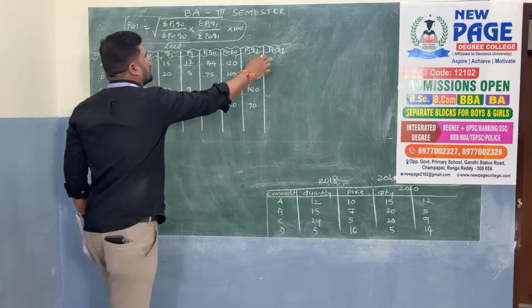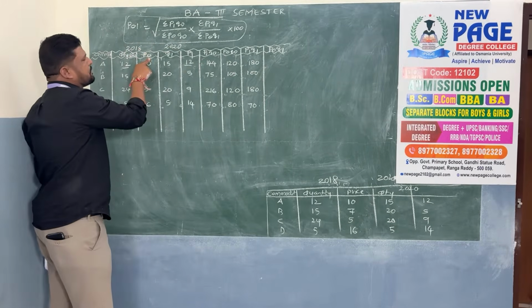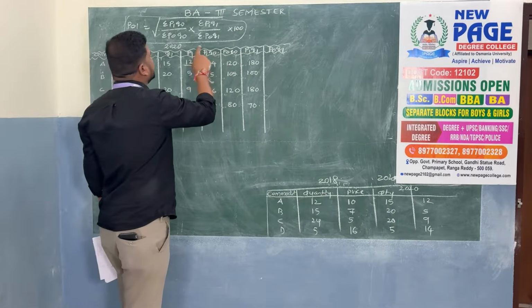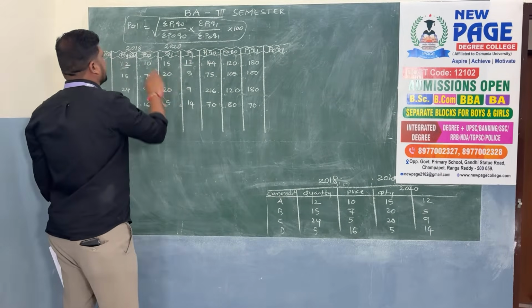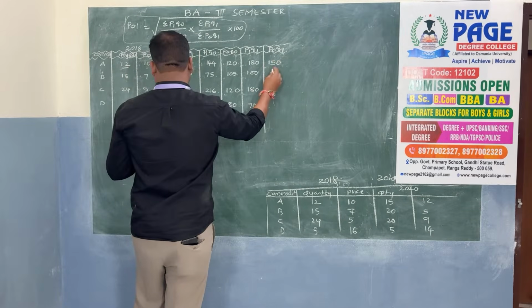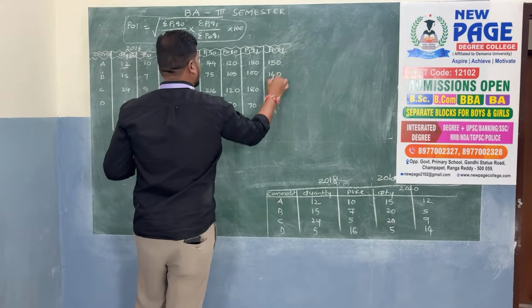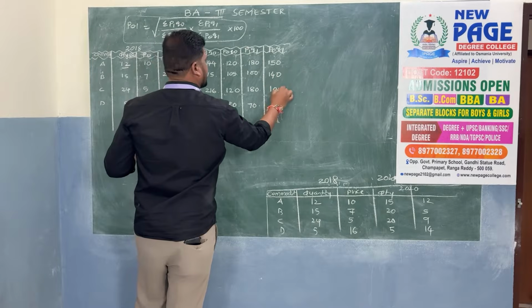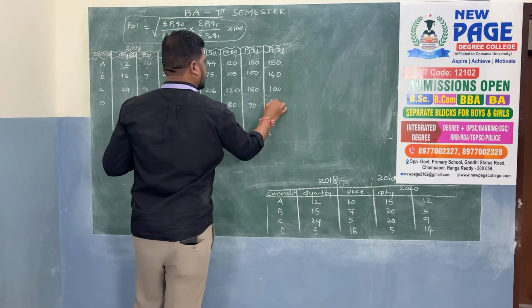P0 into Q1. Okay, base year price multiplied with the current year quantity. 10 into 15, 150; 140; 100; 80.